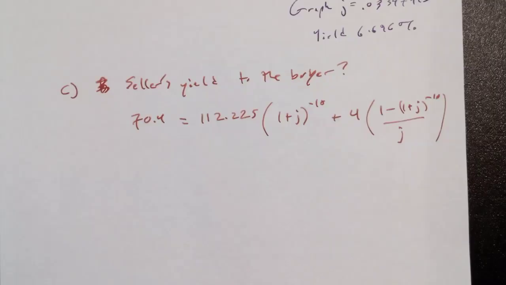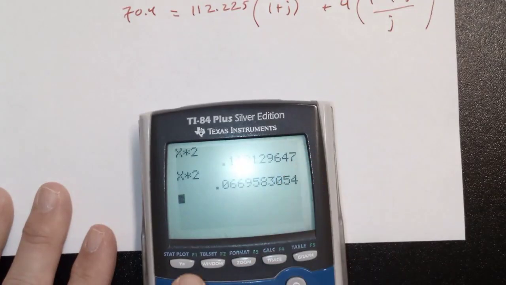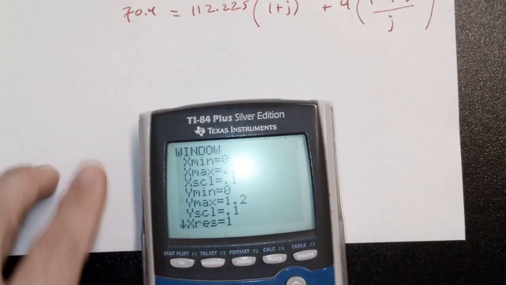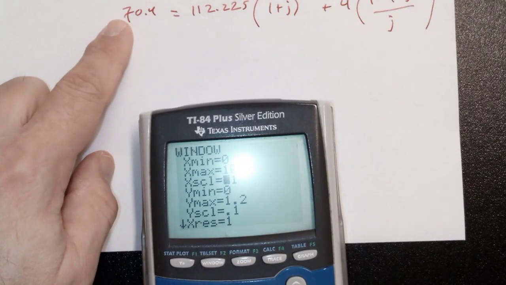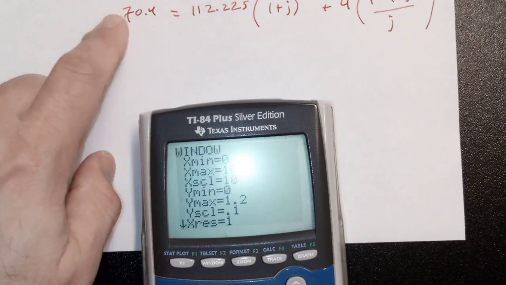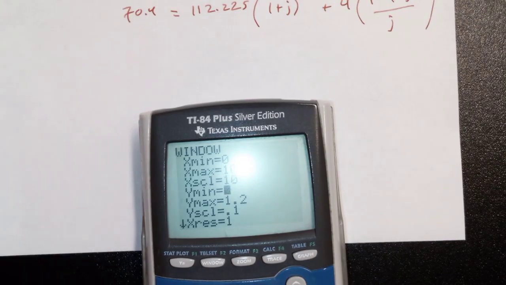Okay, the numbers here are messier, so I'm going to change my window, and I'm going to go up to 100 this time. And I'll just put in the numbers instead of the percentages. Oops, wrong one. I want to make the y's go up to 100.